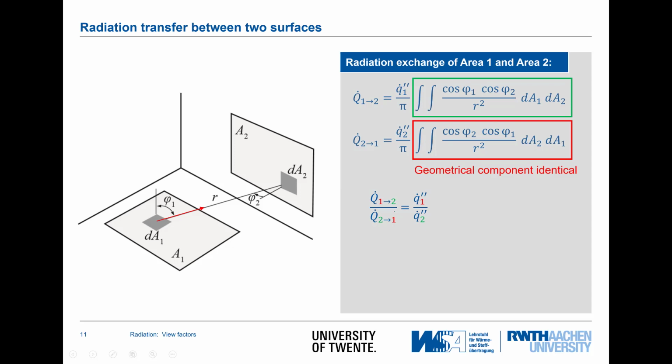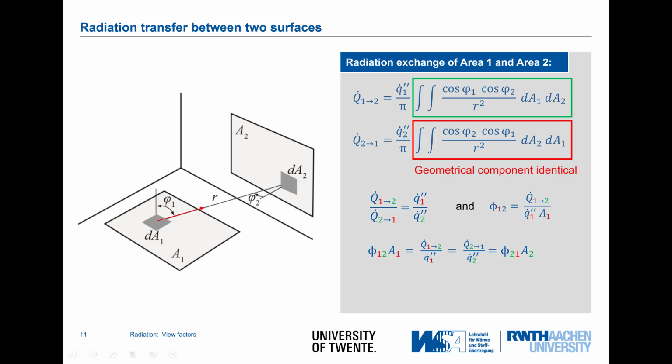These two are the same, so q dot 1 to 2 divided by q dot 2 to 1, that's q dot 1 2 primes divided by q dot 2 primes. I use then the definition for the view factor and can come up by equating this to phi 1 2 times A1 equals phi 2 1 times A2, and the intermediate shows you how this equation has been generated.